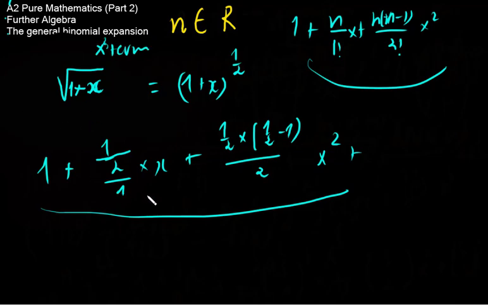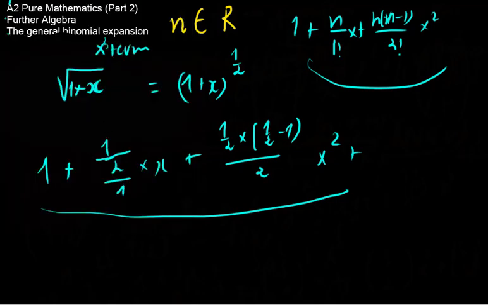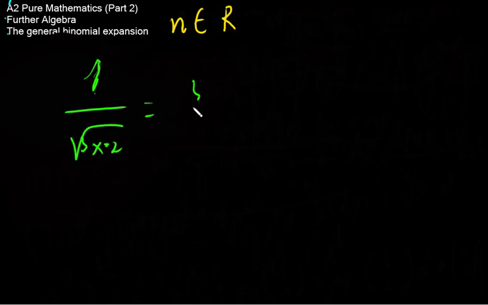And usually there are other advanced forms, such as, let's say we have an equation in the form of 1 over the root of 3x minus 2. This is equal to 3x minus 2 to the power of minus 1 over 2.